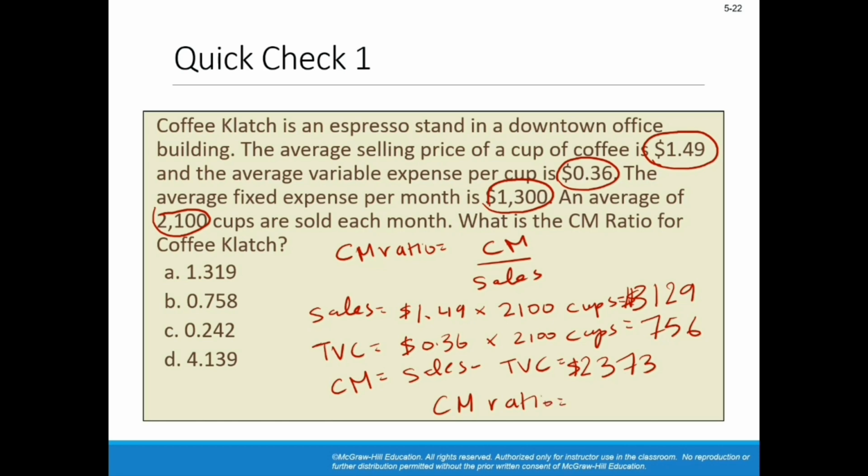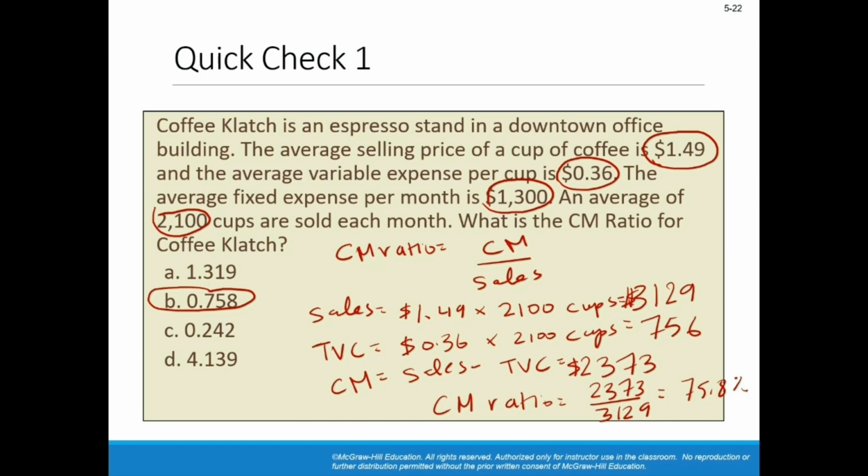So the CM ratio is equal to 2,373 divided by 3,129, and that's equal to 75.8. So the answer here is B, and this is my CM ratio.